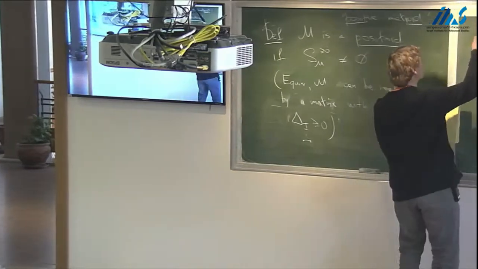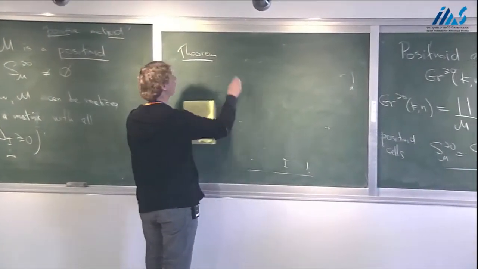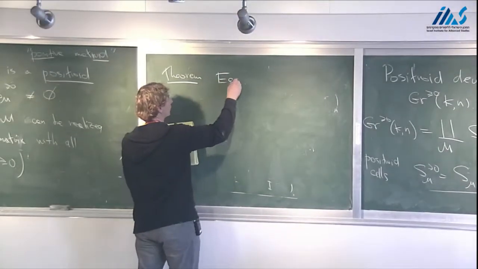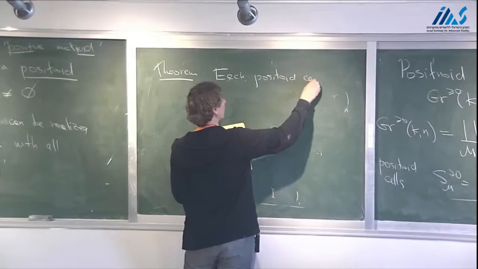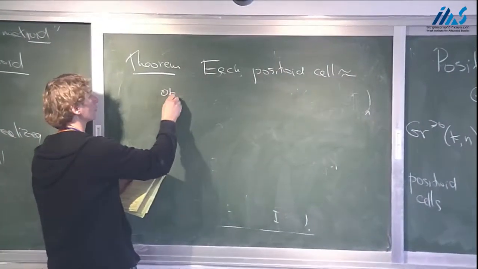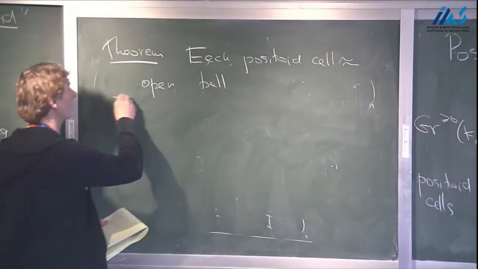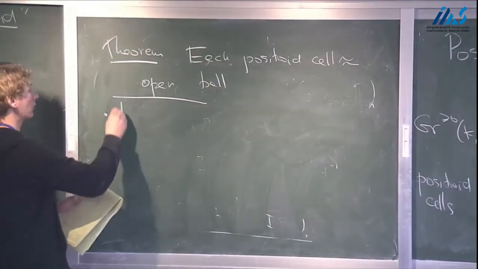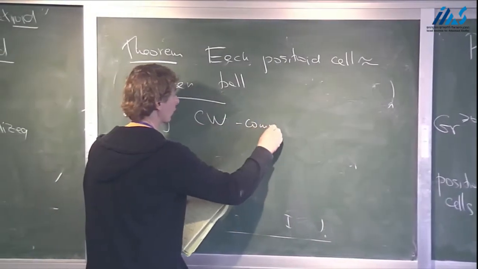Okay, but the theorem is: each positroid cell is a cell, so it's homeomorphic to an open ball. And they form a CW complex.